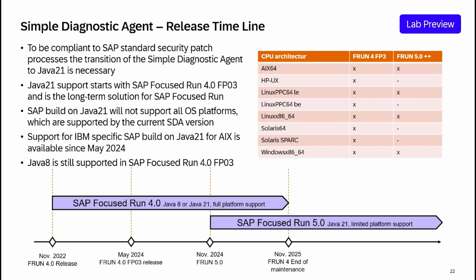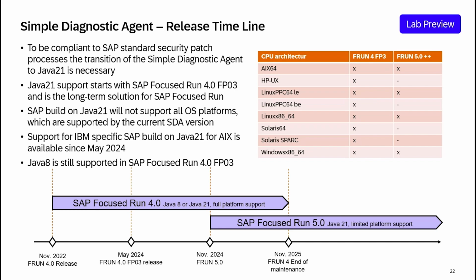So you can do now this transition to Java 21, and it will be a must to do that with Focused Run 5.0. With 5.0, we will only support Java 21 for the simple diagnostics agent. And besides that, this has an effect on the supported platforms.